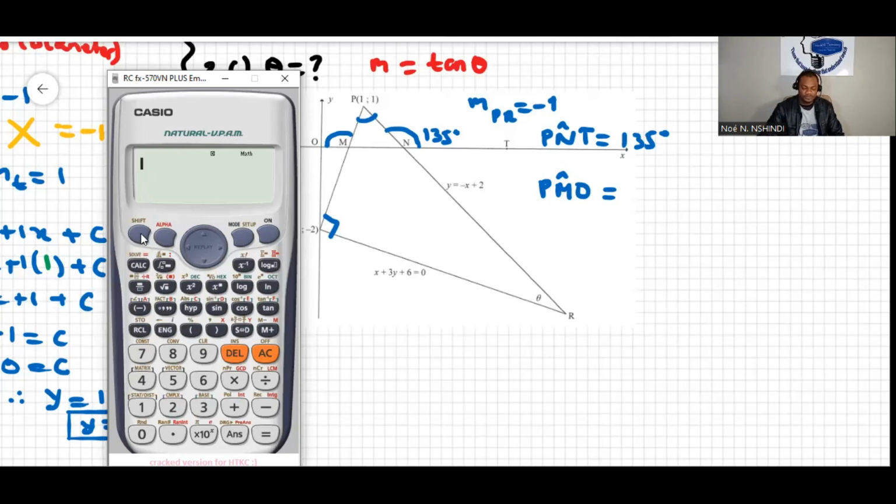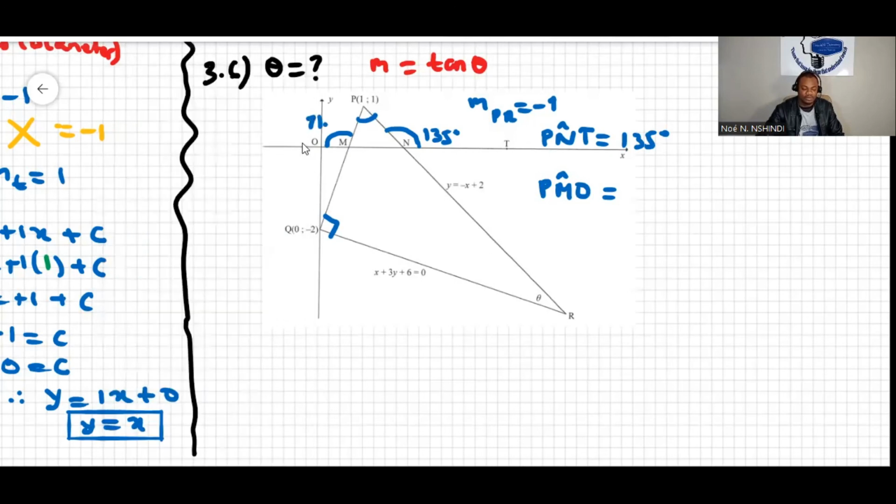We press shift, tan, positive 3, and then we hit equal, and this is equal to 71.57 degrees. So this angle here is 71.57 degrees, because, as I said previously, the gradient of the line PQ was equal to 3.